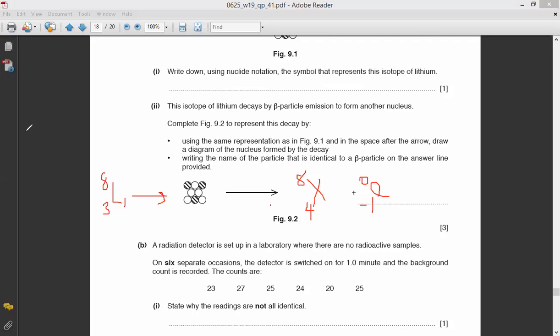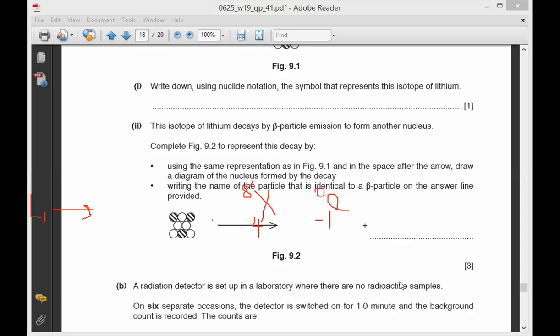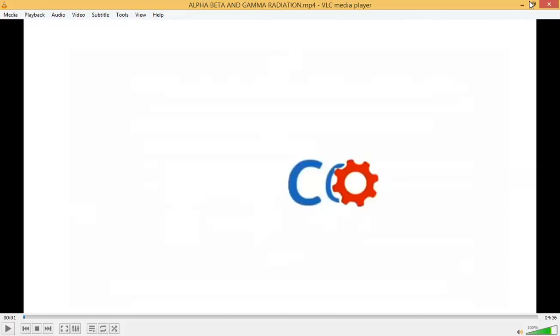Can you see my screen now? Okay. Now just watch this 4 minutes video on radiation and get some notes on this, please.